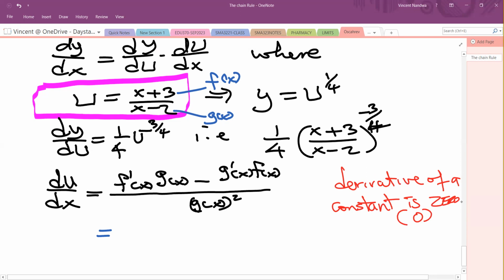Term by term. Ukidifferentiate x unapata nini? 1. Ukidifferentiate 3 unapata nini? 0. Sasa what is 1 plus 0? 1. Sasa jibu inakuwa f prime inakuwa 1.